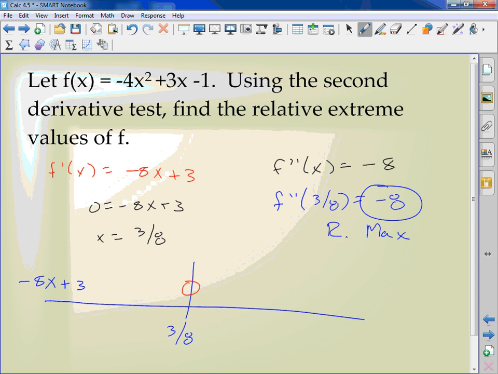And that gives me what type of number? Well, 0 plus 3 is positive. If I pick a number greater than, it's going to be negative. So it goes up and then down. That's a maximum. This is why I've never really told you everything to the left is always going to be negative and to the right is going to be positive.